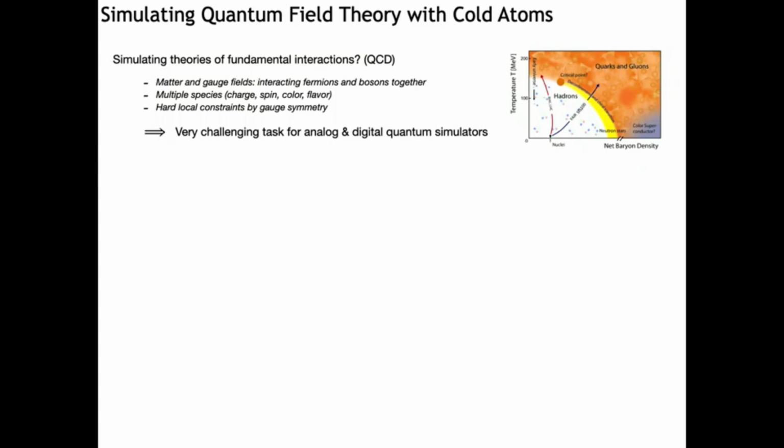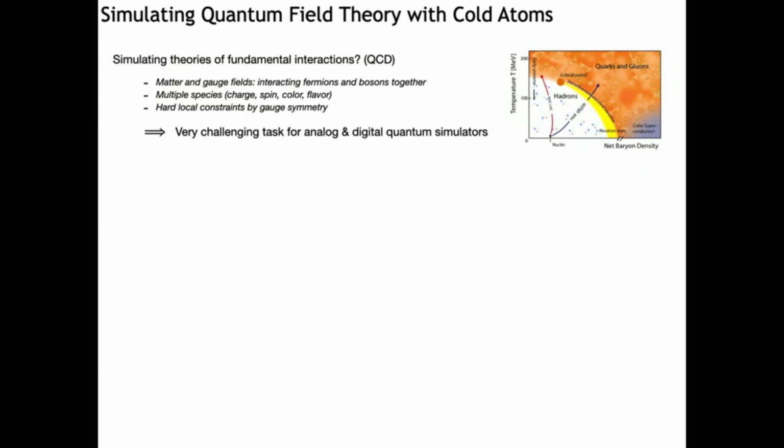Why? Because implementing this kind of Hamiltonian in the system looks very complicated, because you have all sorts of complex ingredients. For example, you have fermionic degrees of freedom, fermionic matter, and bosonic gauge fields, right? So they are interacting together.